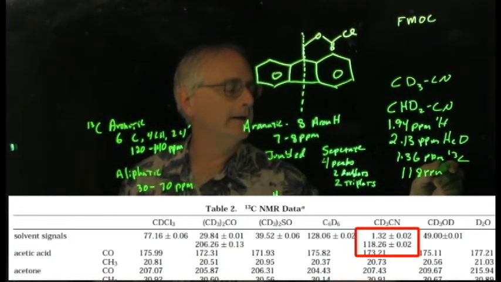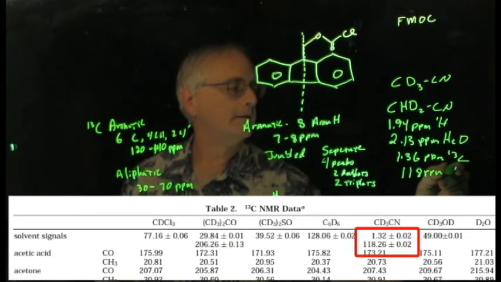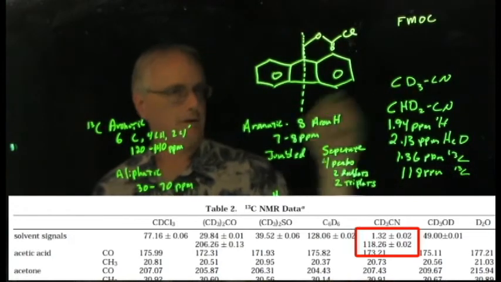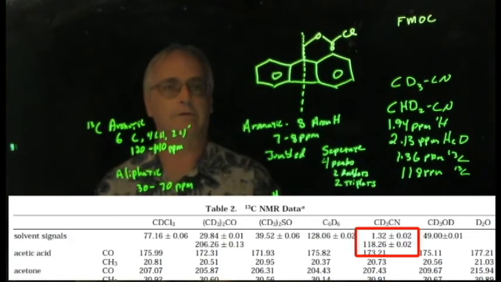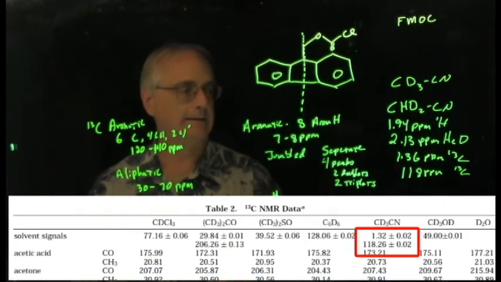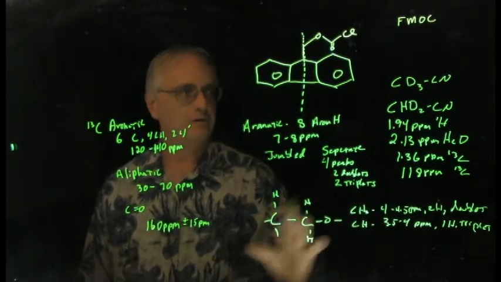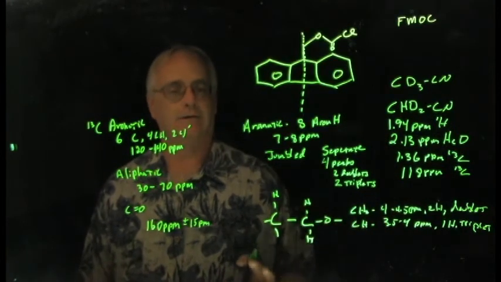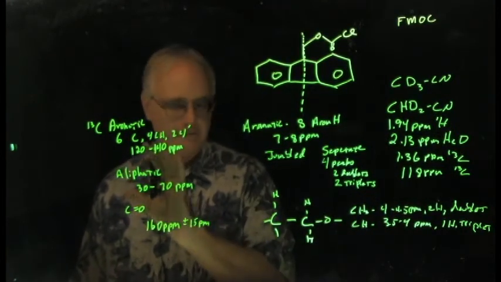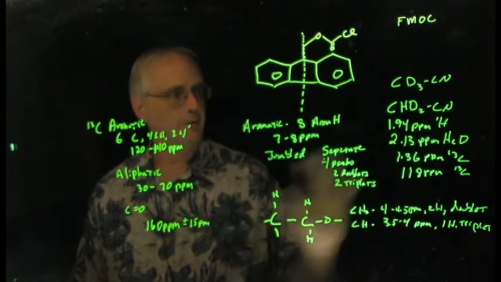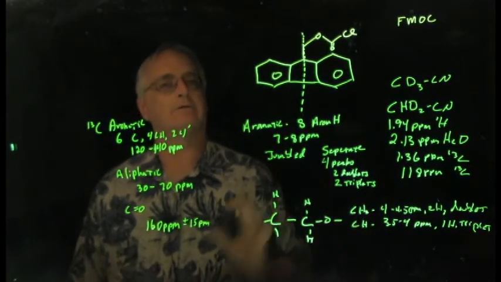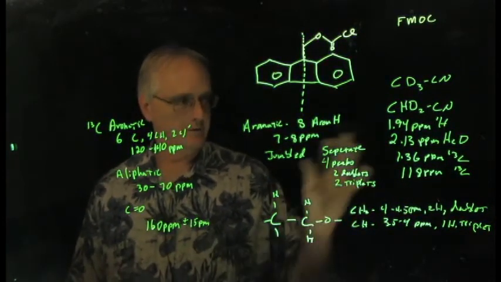Okay, that is the nitrile carbon. So there's actually two residual solvent peaks in a solvent like this. So we take our carbon spectrum, and the first thing we do is we look for these, okay? Because, you know, before we make anything about our sample, we must see the residual solvent carbons.